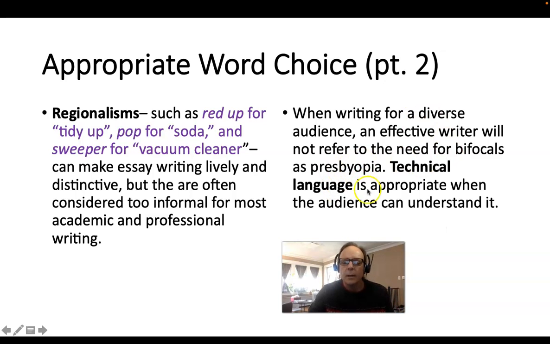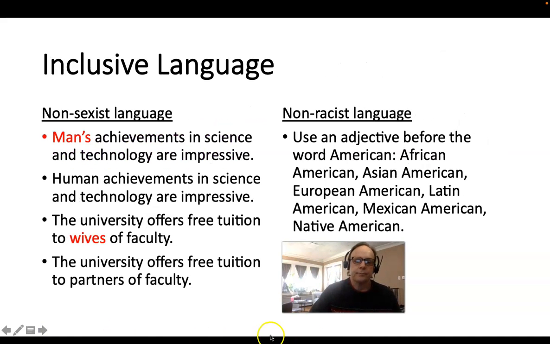So using regionalisms, or really specific technical language, jargon we sometimes call it, can be a problem, because all we're trying to do with our writing is make it as clear as possible.